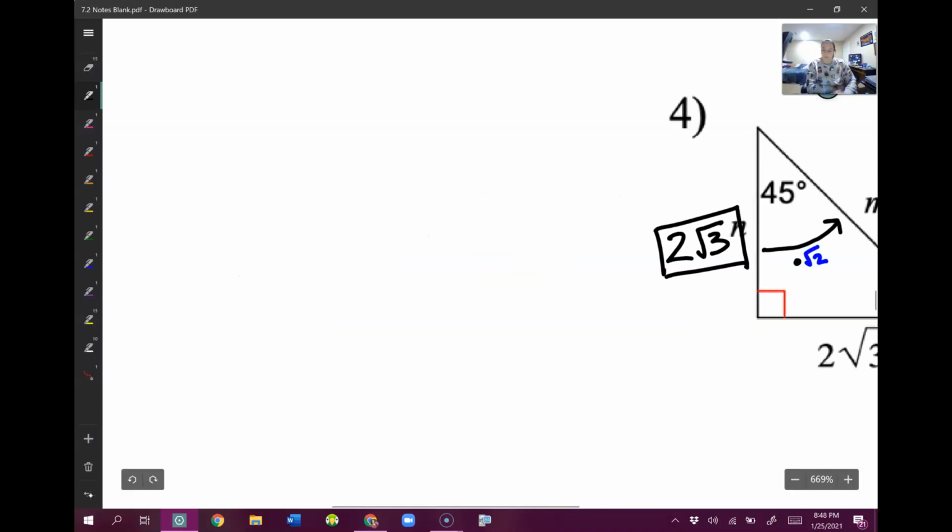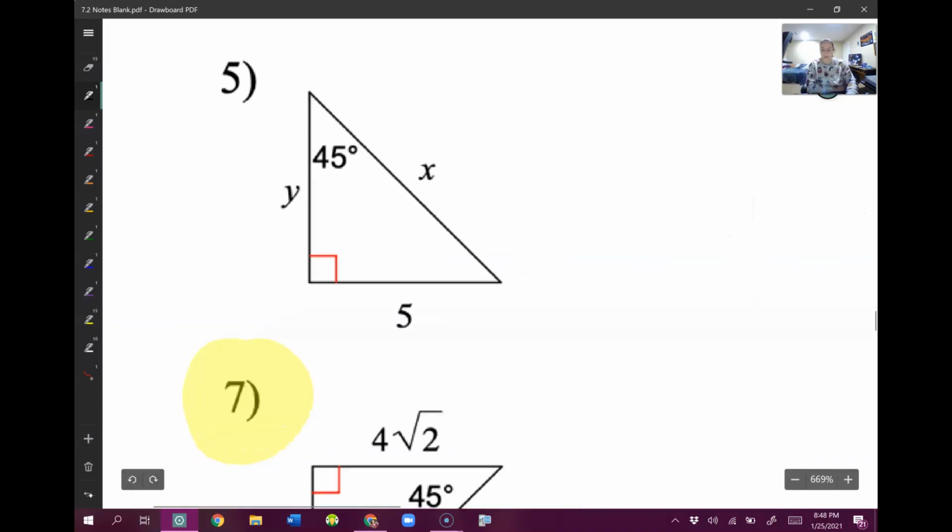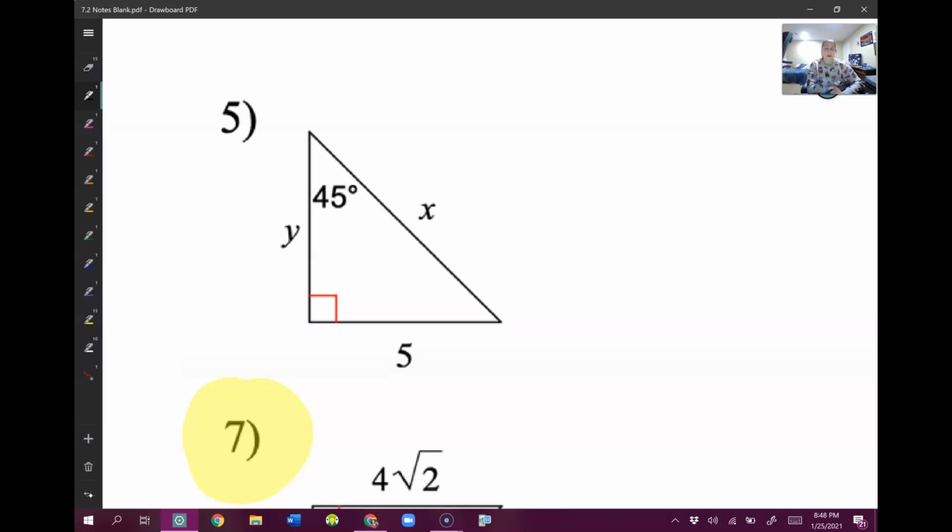Let's try another one. Let's do number 5 on this assignment. This is also a 45, 45, 90. So remember, rule number 1, the small sides are the same. So that small side is also a 5. Rule number 2, to get from small sides to big sides, I will either multiply or divide by root 2. So let's see if we're going to multiply or divide.